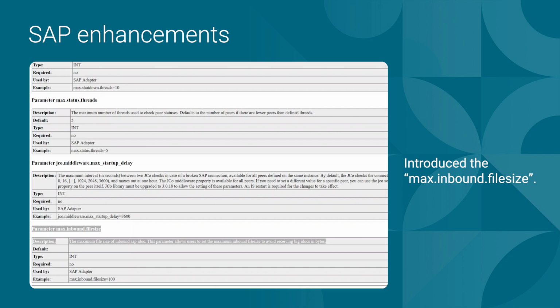This way, when the size of the IDOC is greater than the max size set up here, the file will simply be ignored and rejected, allowing the customer to not have an error that would block further functionalities.